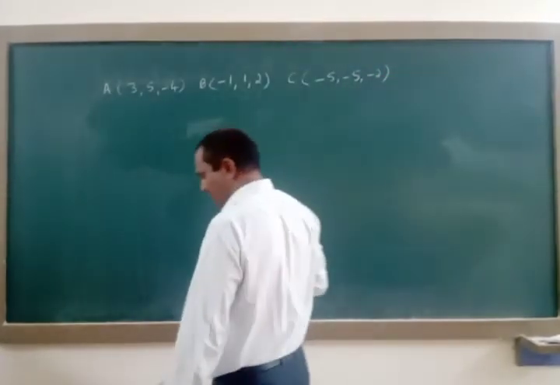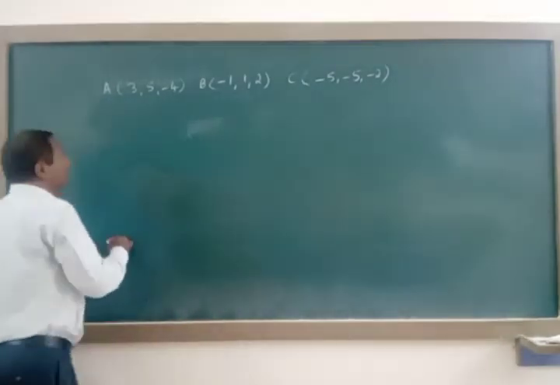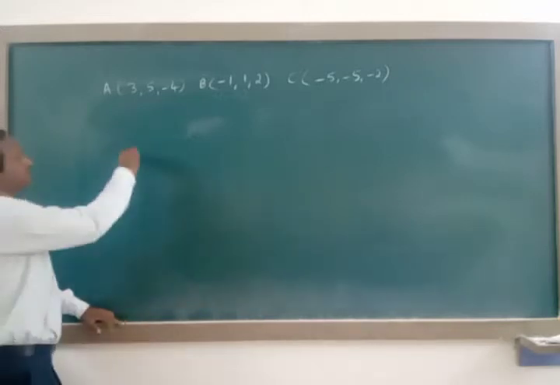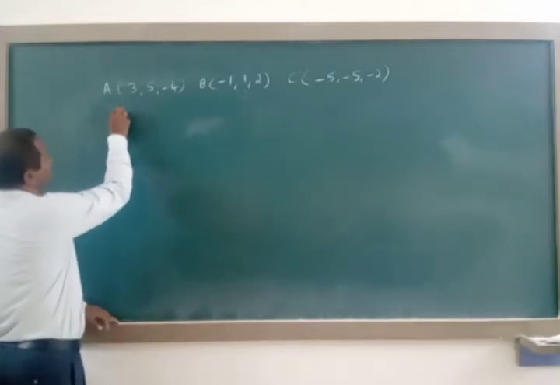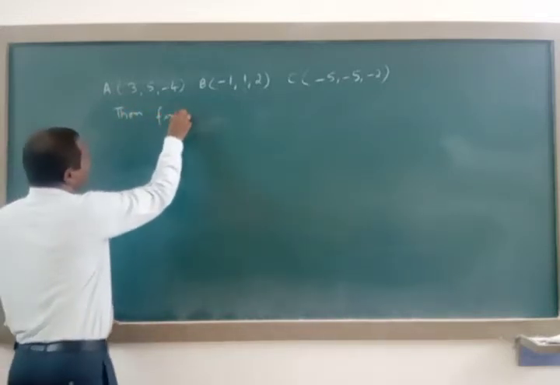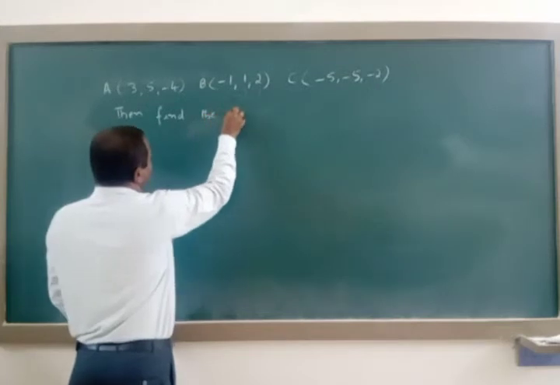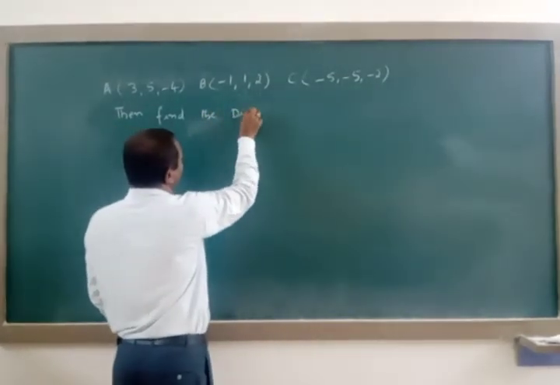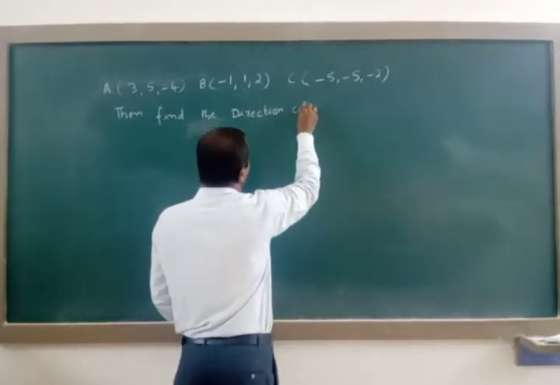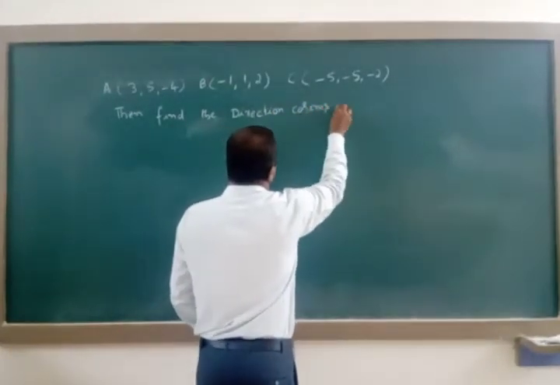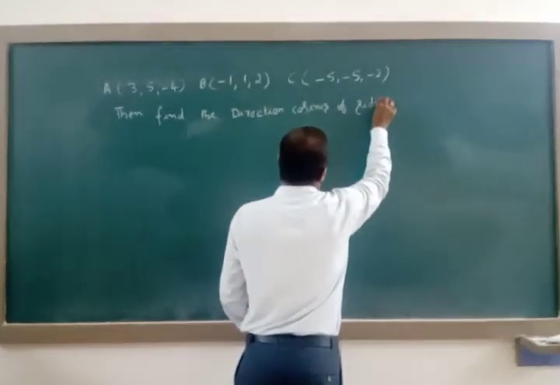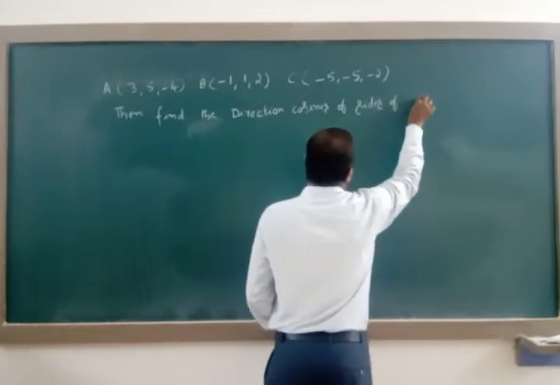They gave all the 3 vertices. Then find the direction cosines of the sides of triangle ABC.